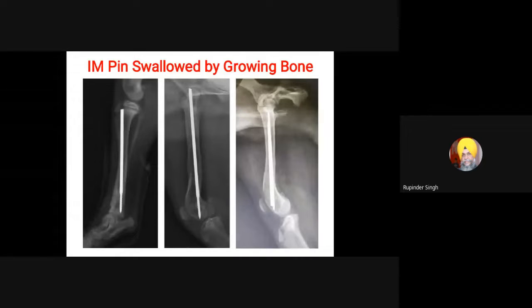So if a dog has a fracture at the age of 4 months, it will grow very fast, and by the time the fracture heals, the bone grows over the implant.